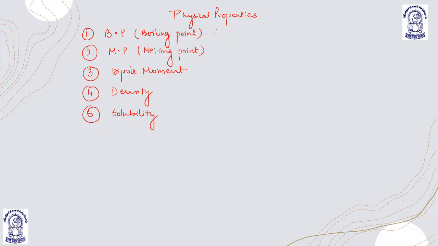Boiling point, as you know, is directly proportional to molecular mass. So if we increase the size of the halogen atom as we go top to bottom, with the same alkyl group, the order is RI greater than RBr greater than RCl greater than RF.